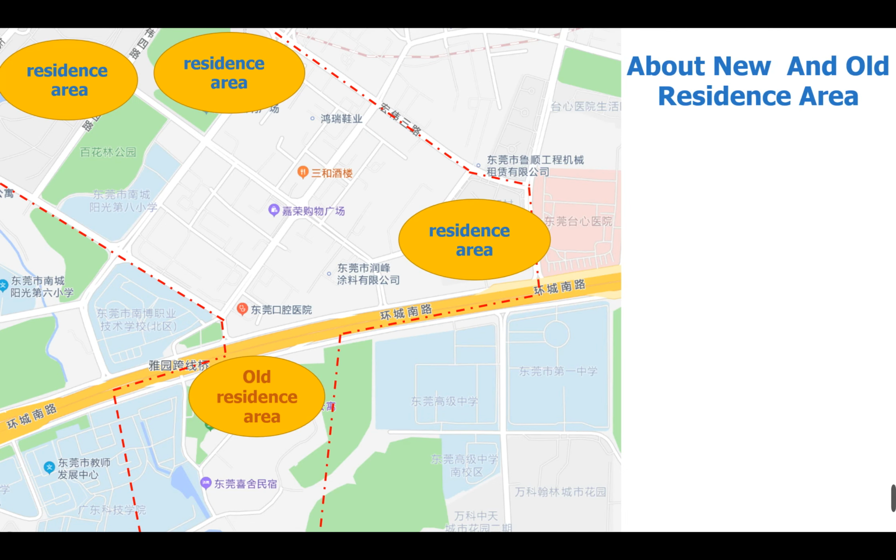The new residential areas belong to the real estate developer, but the Yayuan community has the right to manage them. We have seen residential areas like this, where each plot is enclosed by walls. Only those who have ownership can enter.